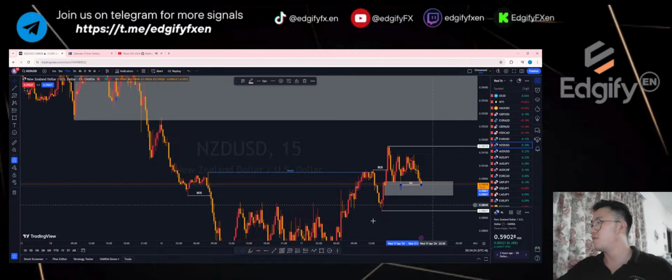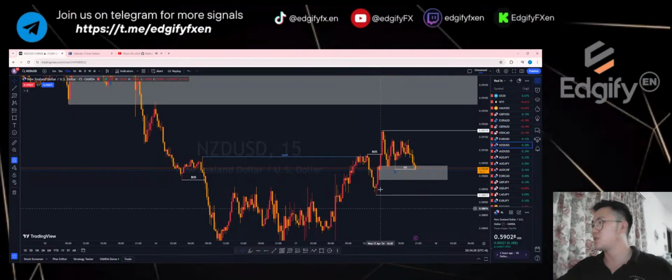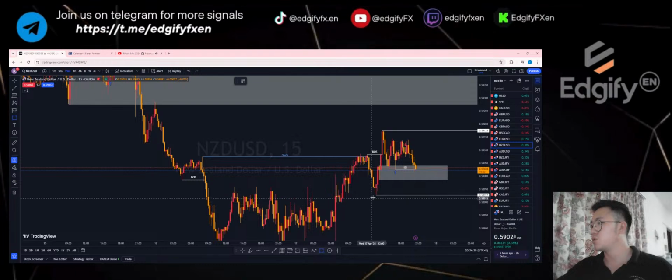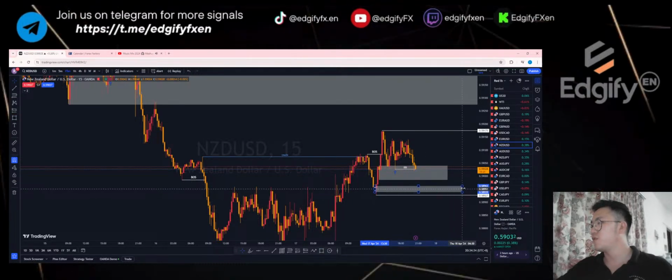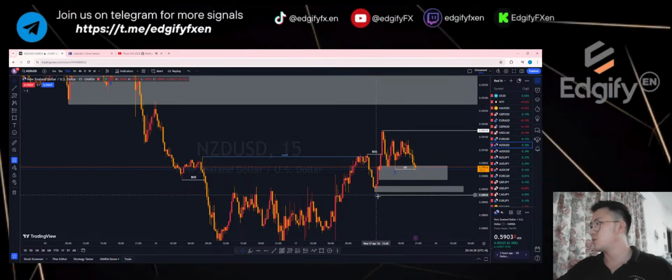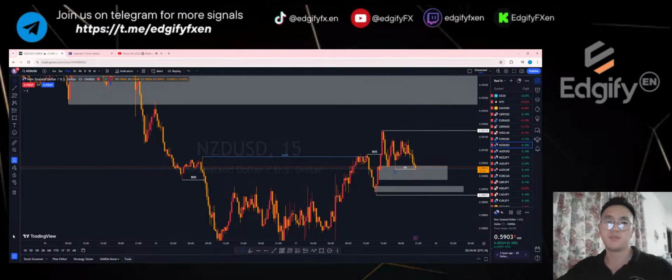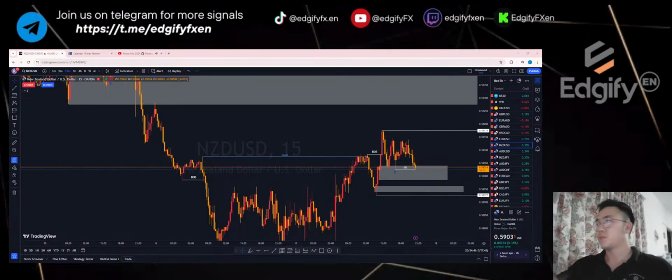But we need to see more confirmations first. But on the 15, bear in mind, this is our range. Okay, we also have another zone about this level. But in order for this price to continue dumping, it has to break this low. So if it breaks this low, then we will be looking at downwards momentum for 15 minutes. That would be for NZD USD.